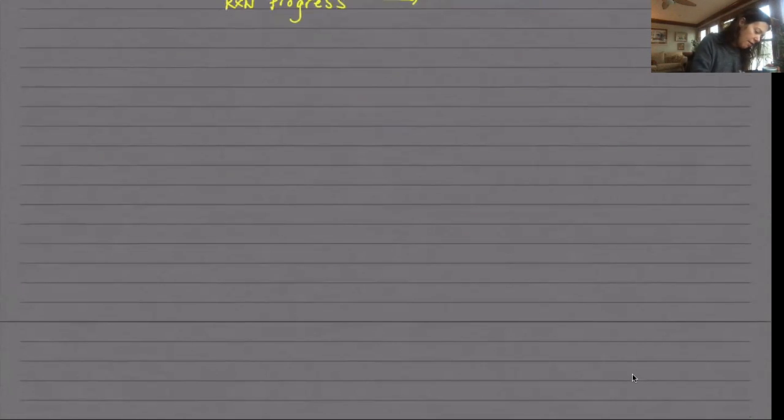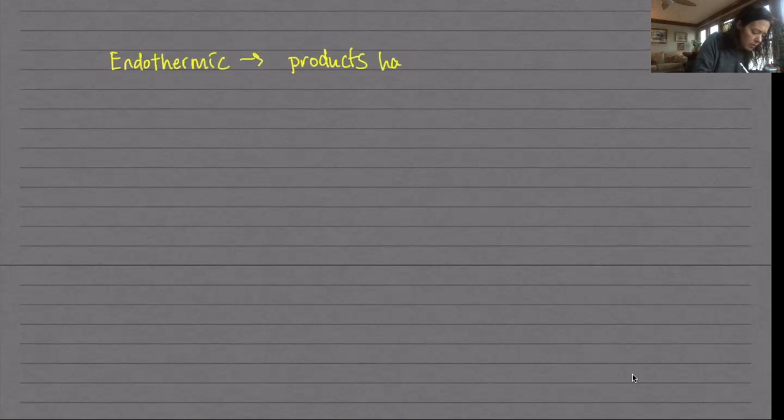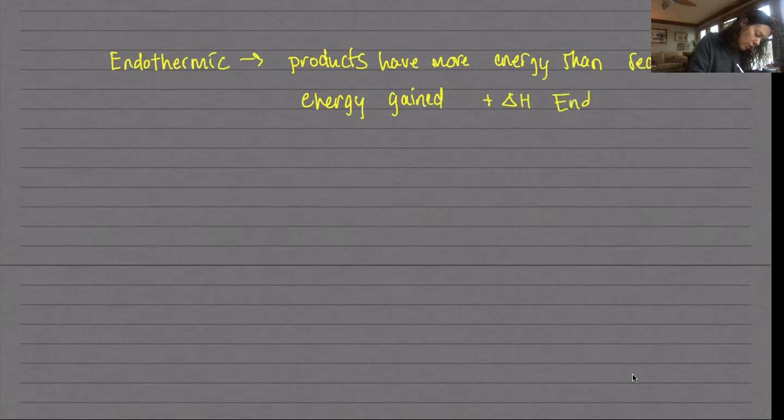Okay, if I have an endothermic process, then everything is kind of opposite, and the products have more energy than the reactants. Okay, and that means that heat or energy was gained. So we have a positive delta H and we have an endothermic process, a process that requires us to add energy in order to get it to happen.